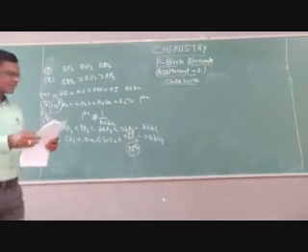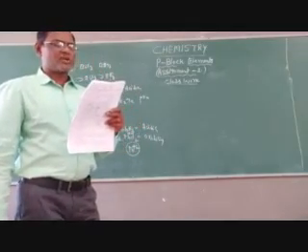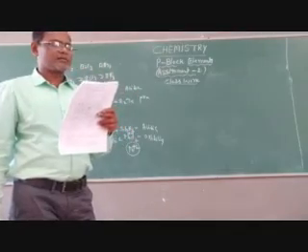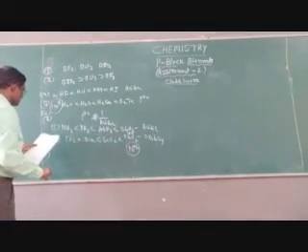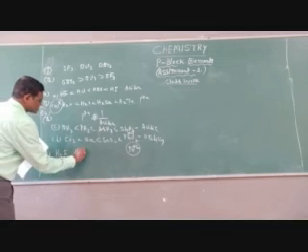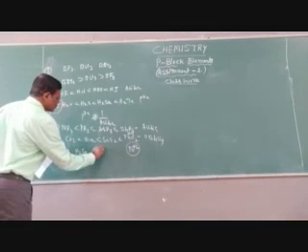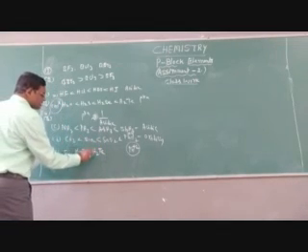Next, children, 15. Acidity of diprotic acids in aqueous solution increases in the order. So same here also, acidity order in aqueous solution. What are given? H2S, H2Se, H2Te are given. So which is more acidic in nature?